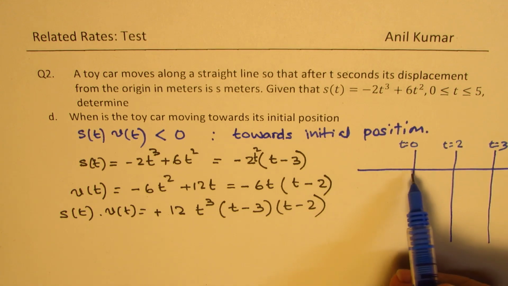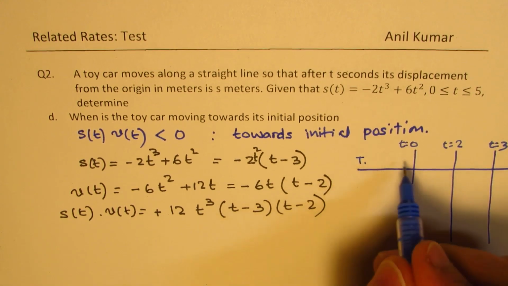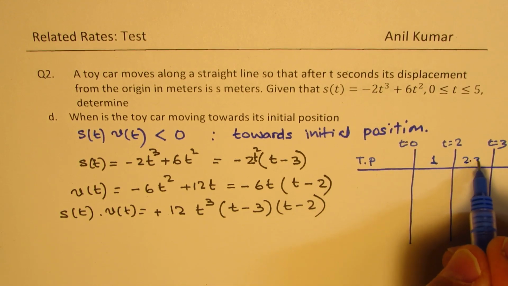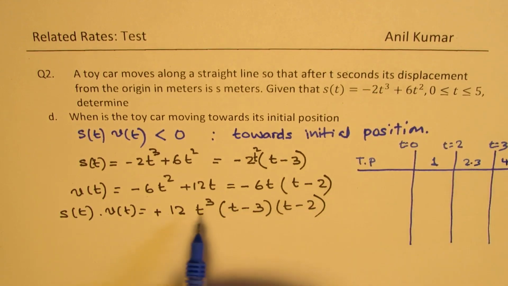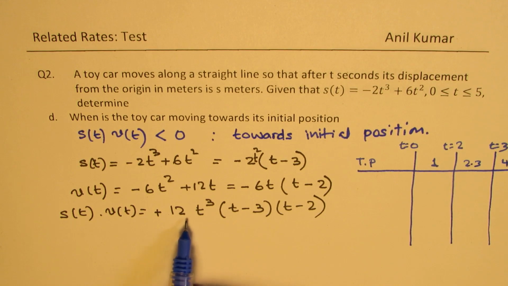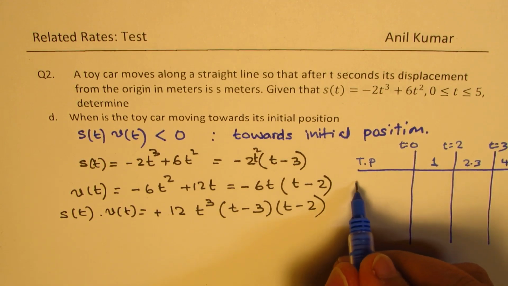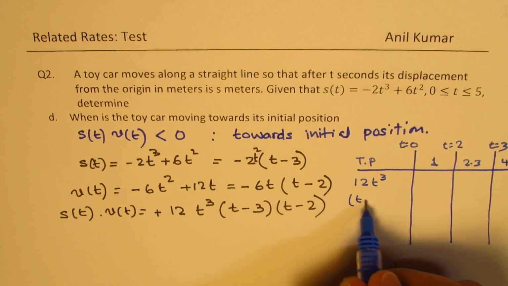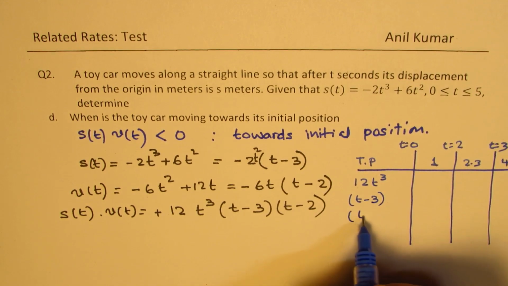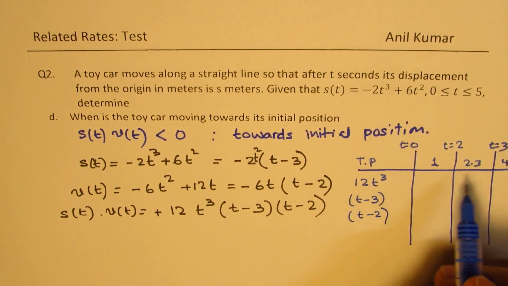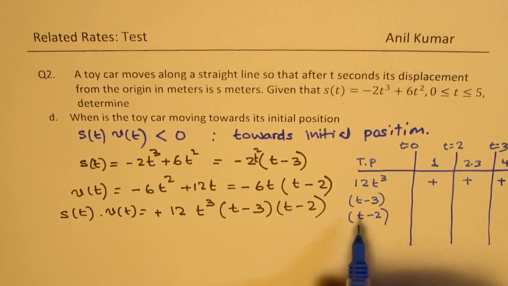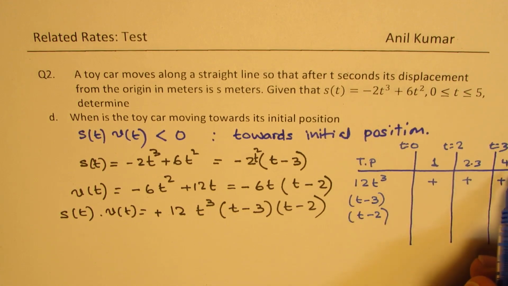We are only worried about the right side. So test points could be 1, 2.5 and let's say 4. The factors to be tested are 12t cubed, then t minus 3 and t minus 2. So when t is positive, 12t cubed will be positive. t minus 3 is going to be negative only after 4.